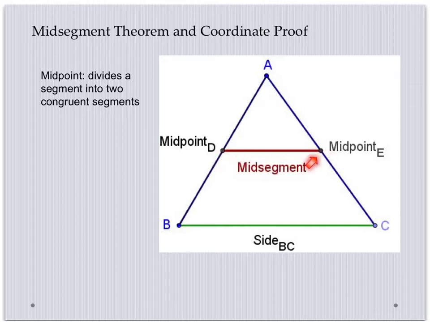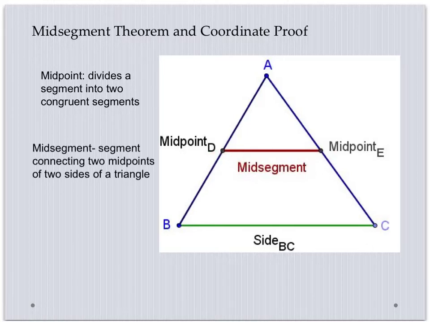As you can see in this picture, the midsegment is just a segment that is created by connecting two midpoints. I only have one midsegment drawn, but I could find the midpoint of BC and connect segment D to this point here, and then I could connect these up as well. So we could draw all three midsegments of this triangle.